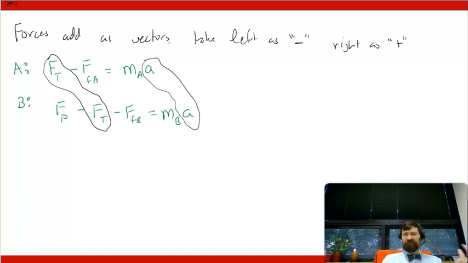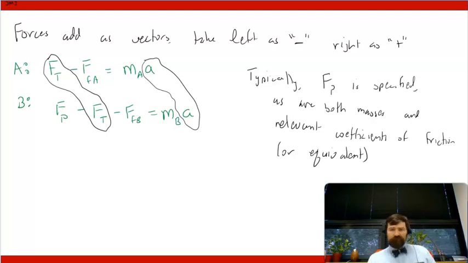And we don't really know the force of friction in these, and we don't know the pull force because they haven't been specified, but typically the pull force would be specified, as would both masses, as would the relevant coefficients of friction for both objects, or some equivalent. Maybe instead the weight is specified and the force of friction is specified for each, and the pull force is specified.